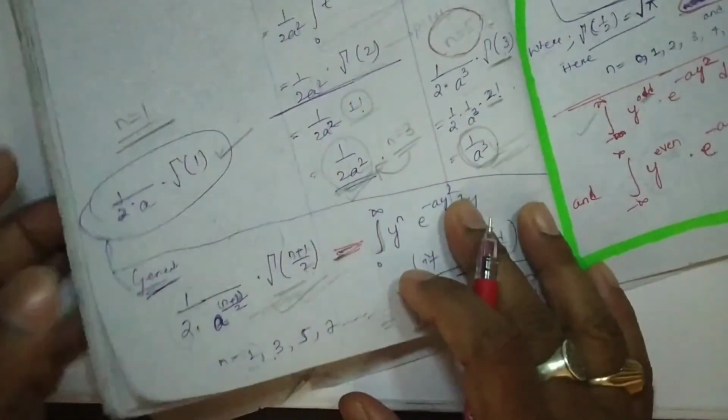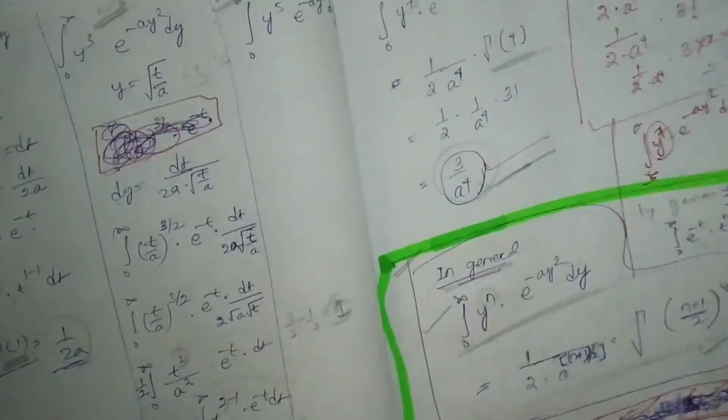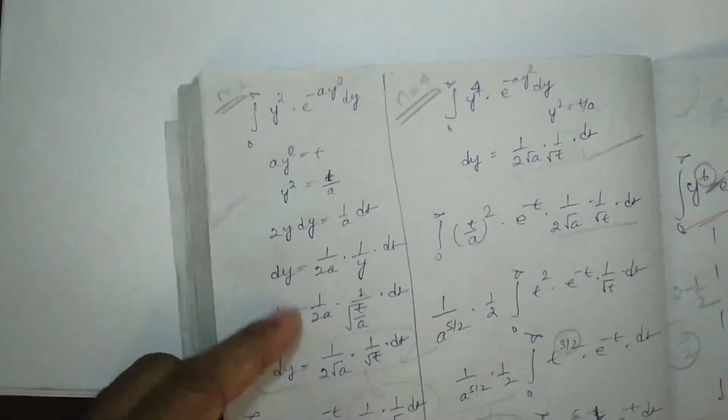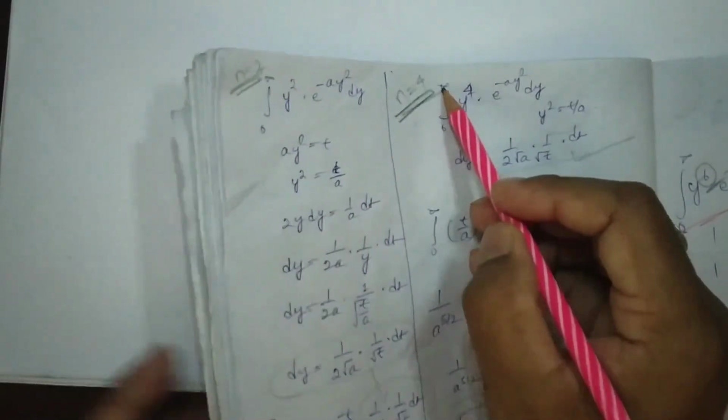Exactly the same way you have to write for the even function. But for the even function I told you that you have to just do for two values, n equal to 2 and n equal to 4, and write the generalized one.